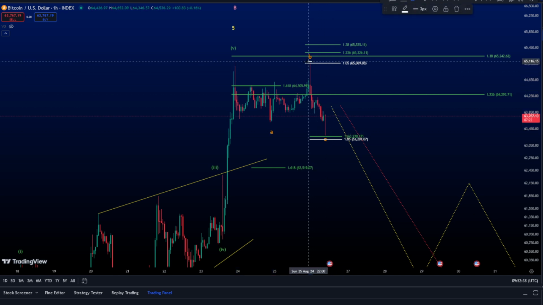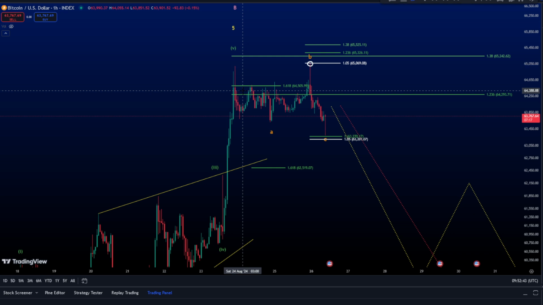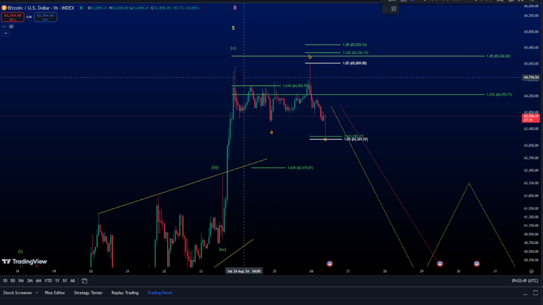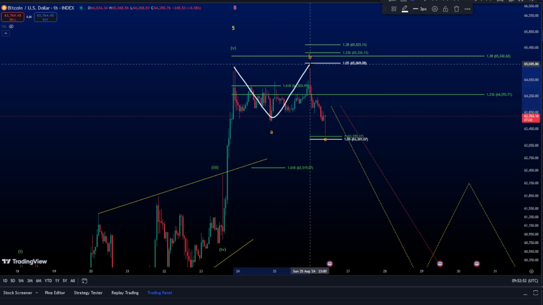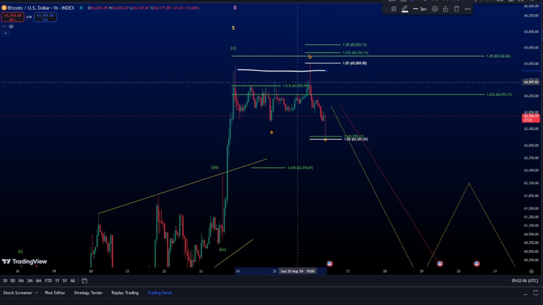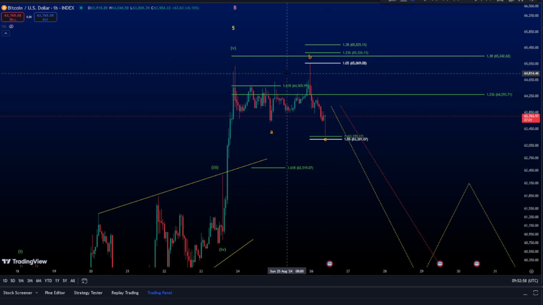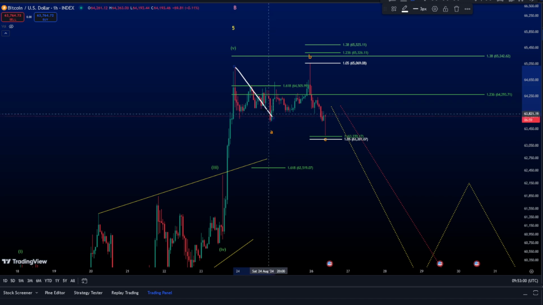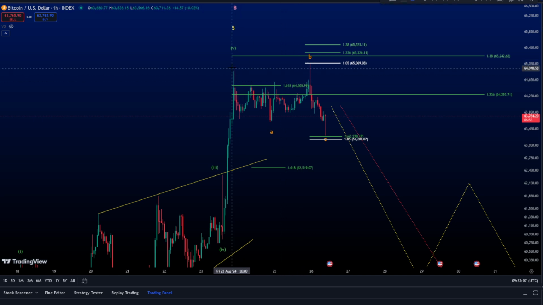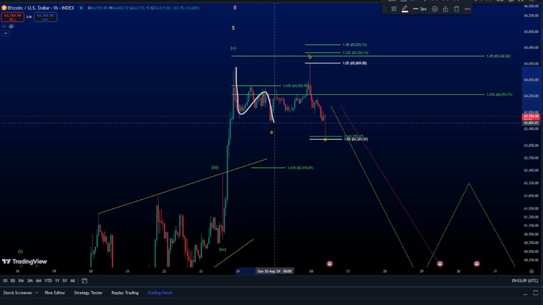Now this wave has overshot the start of the wave A, but this is only on the index of Bitcoin. If you look also on the Bybit, Binance charts, actually the wave B did not overshoot here. It was still lower than the higher high here. However, I'm still going to consider this a flat. If it is an expanding flat with an overshooting wave B, it will not really change so much.